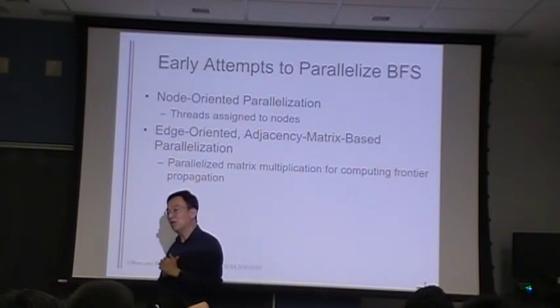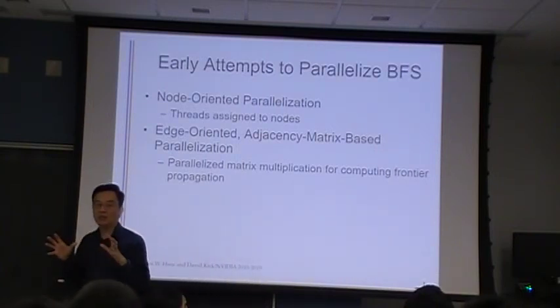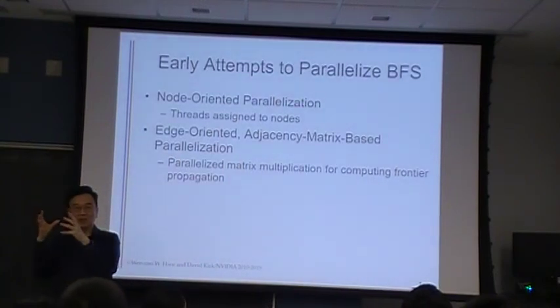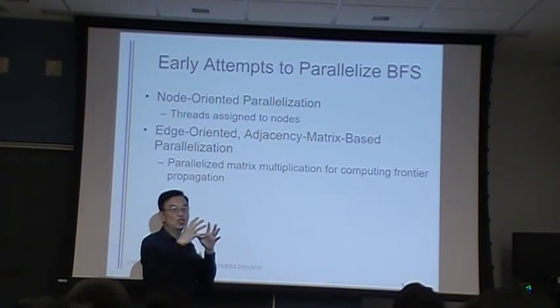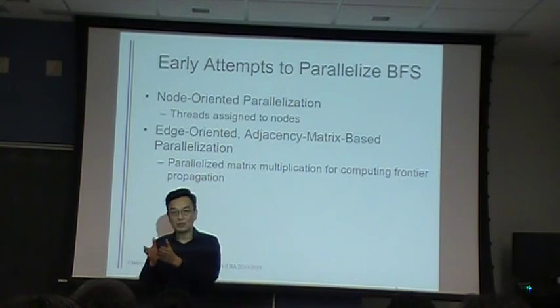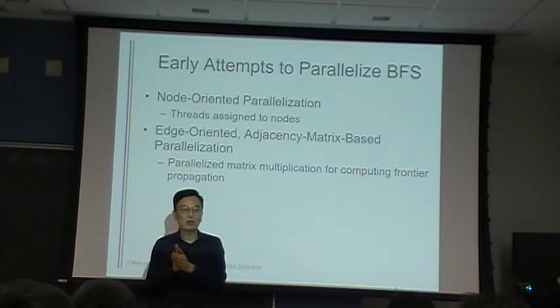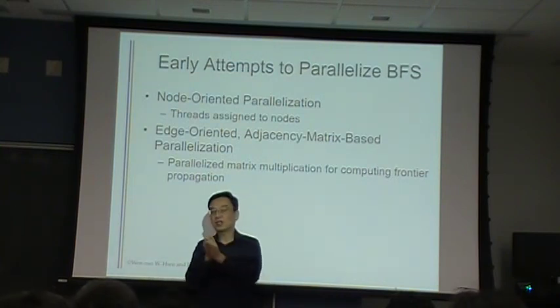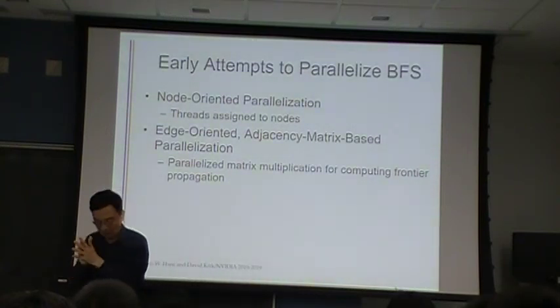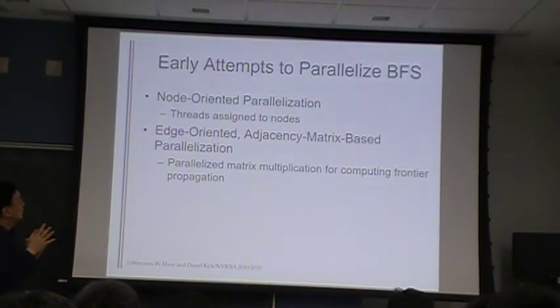Because there's a direct correspondence between graphs and matrices, right? We have the connectivity matrix. So we can formulate the traversal of graph with matrix vector multiplication. And this brings us into the algebraic domain. Sometimes it makes sense, sometimes it doesn't make sense. So let's go into this in a little bit more detail.